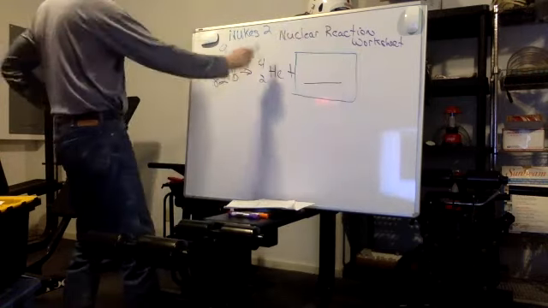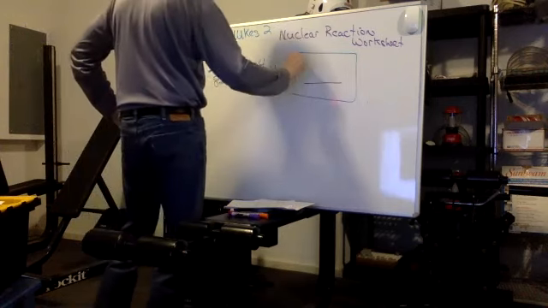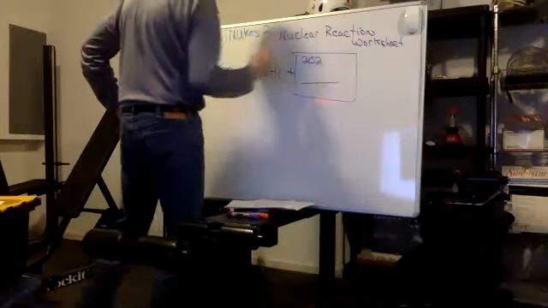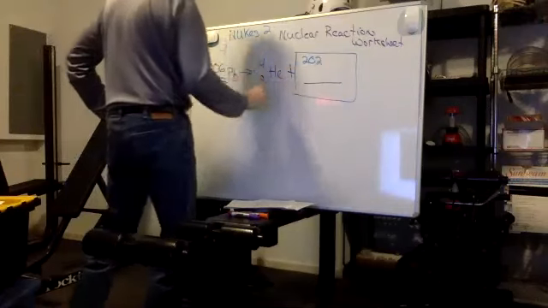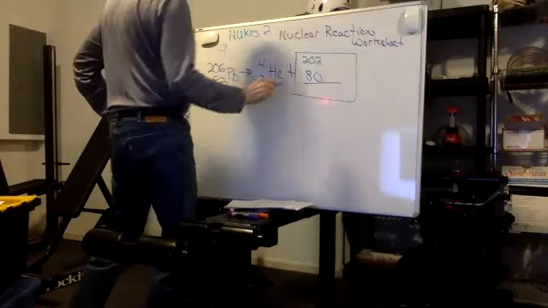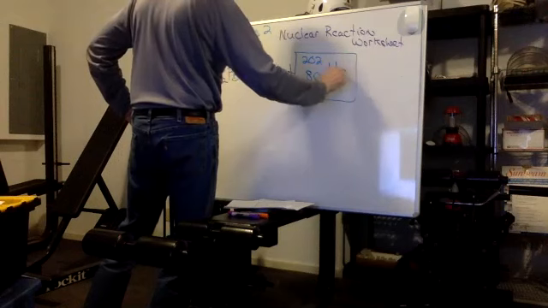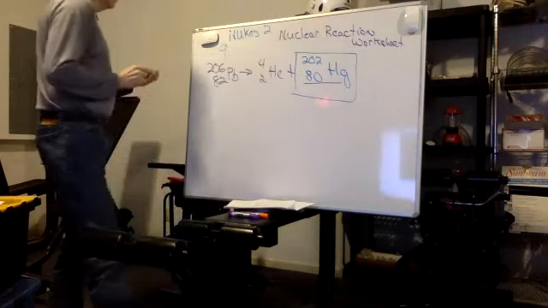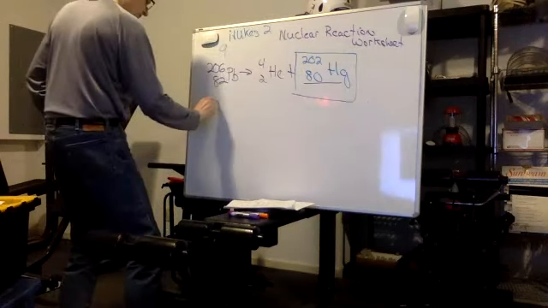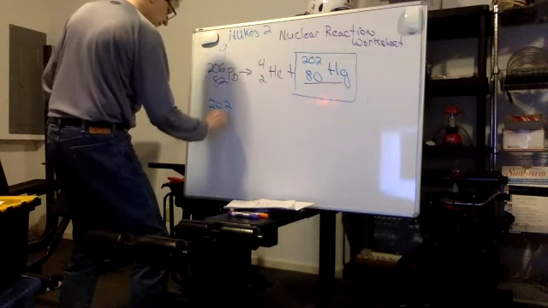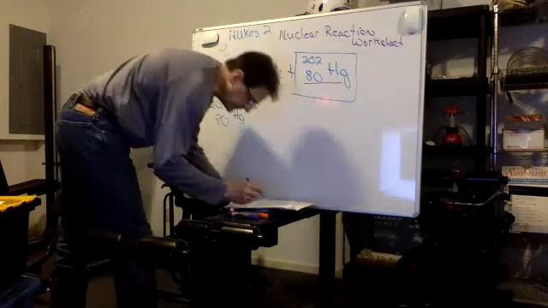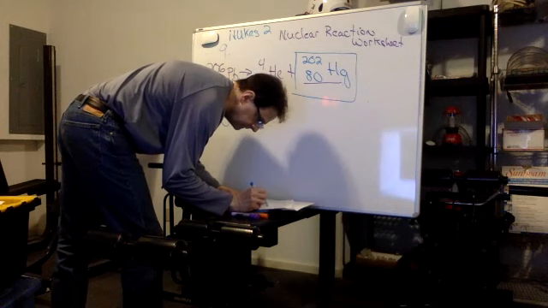So 206 less 4 is going to be 202. 82 less 2 would be 80. And that's going to be mercury. So I need the 202, 80 Hg. That's the second alpha.